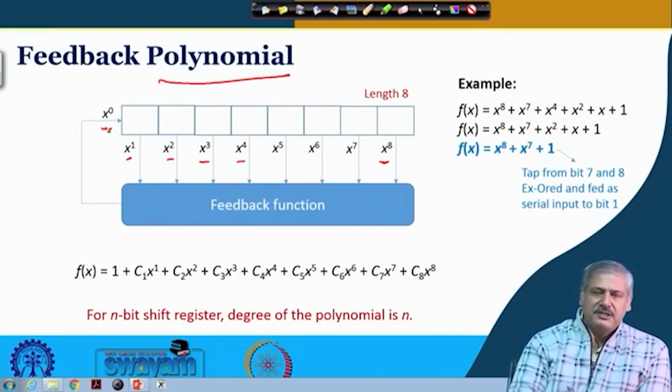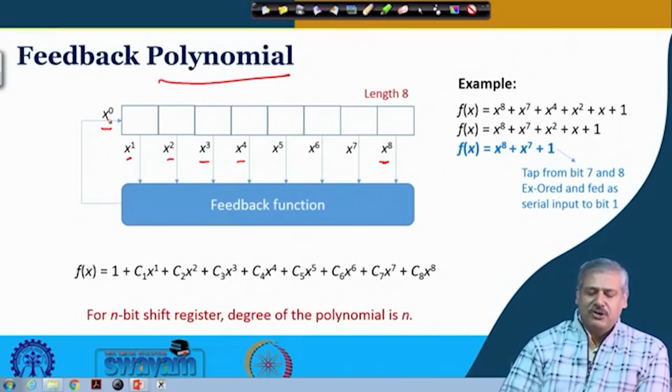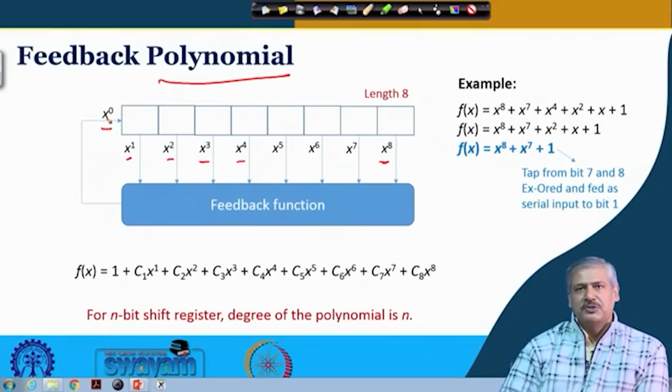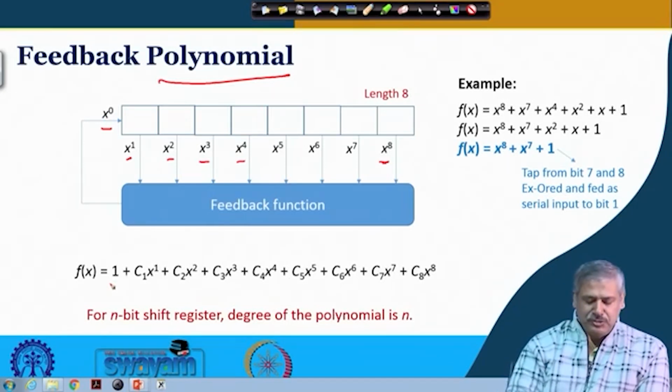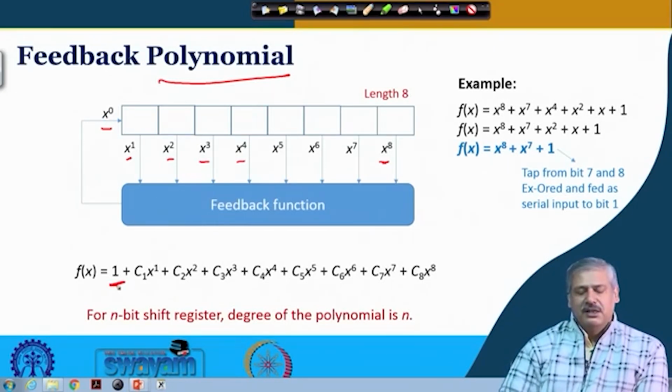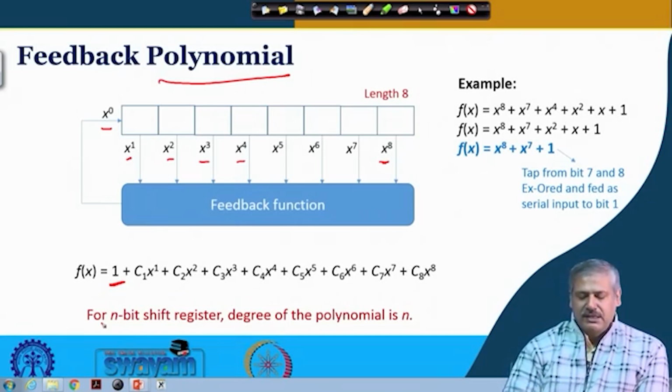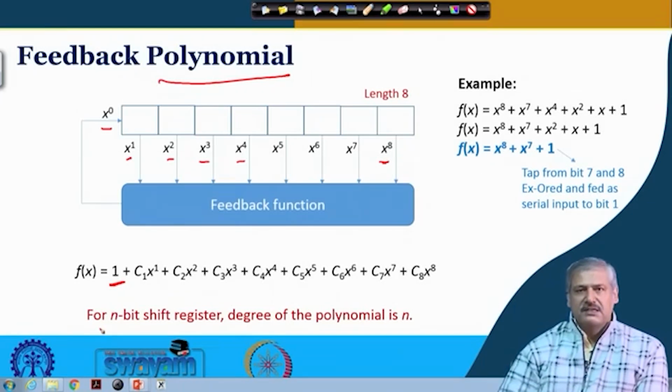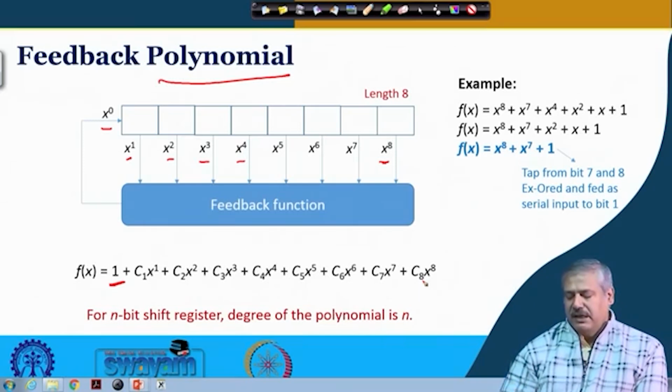So this input is represented as x to the power 0, or 1. This 1 you will see in the polynomial or the function that is getting represented, and usually, since it is length 8, x to the power 8 would also be visible.